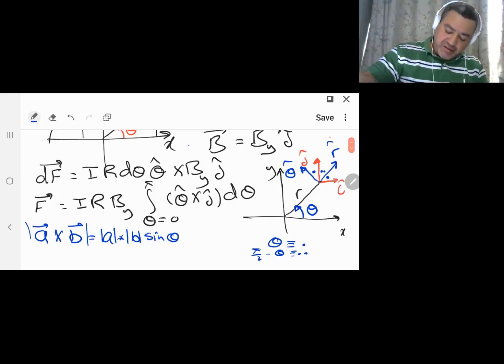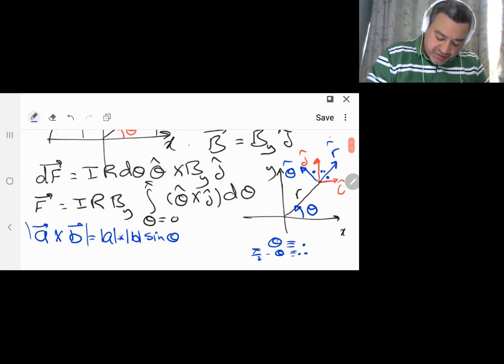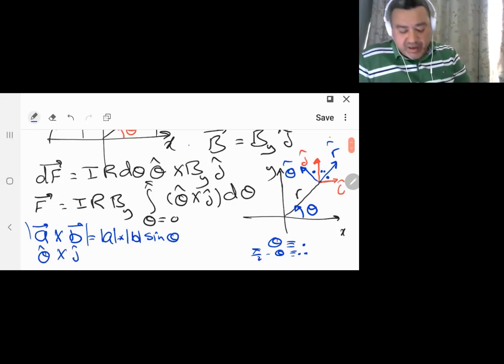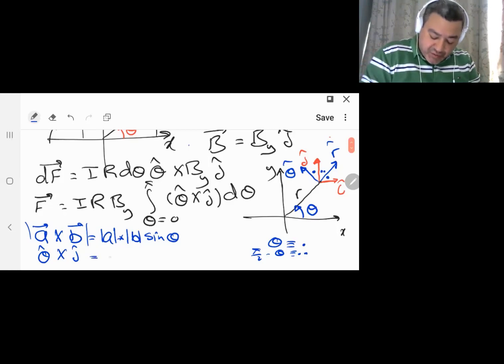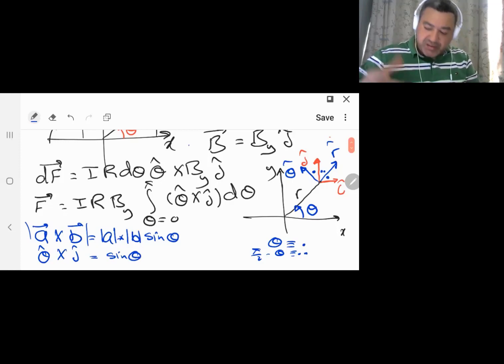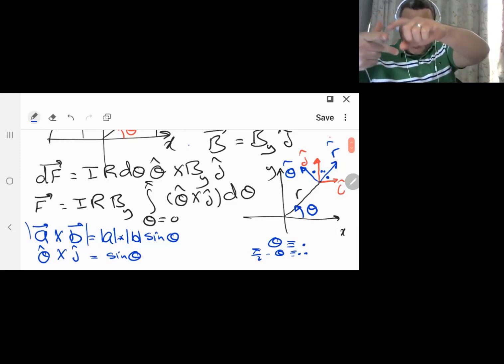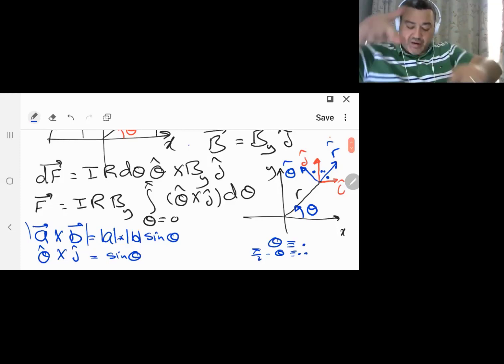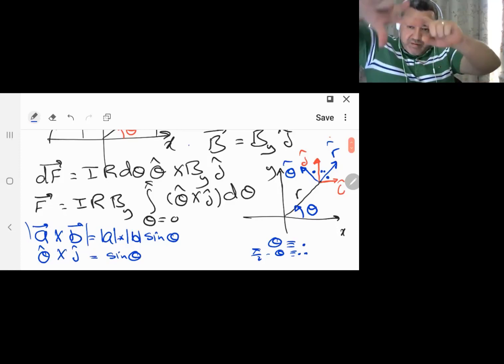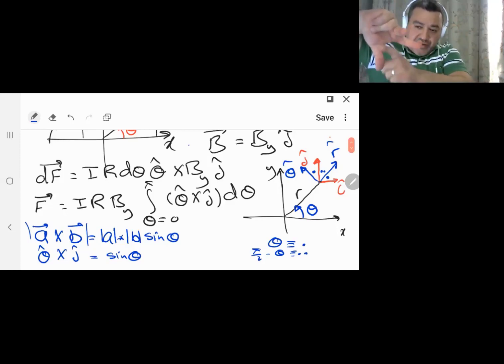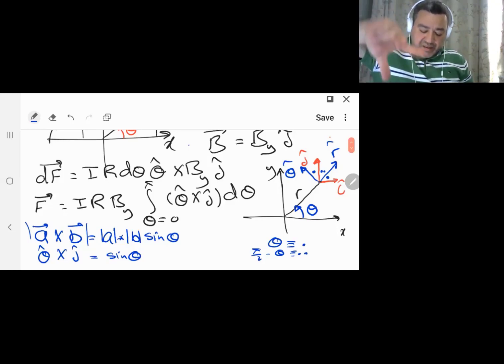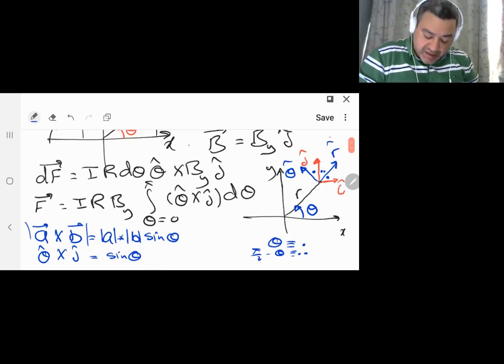So in this case, theta cross J, because the angle is not 90 degrees, would equal sine theta. And if you put them this way, theta cross J, then the result will be going into the minus Z, which is minus K hat.